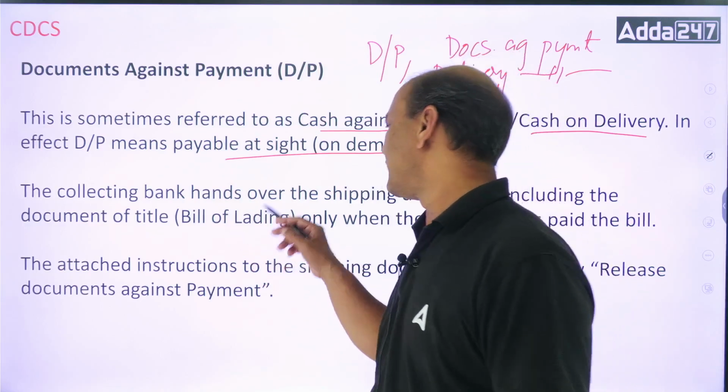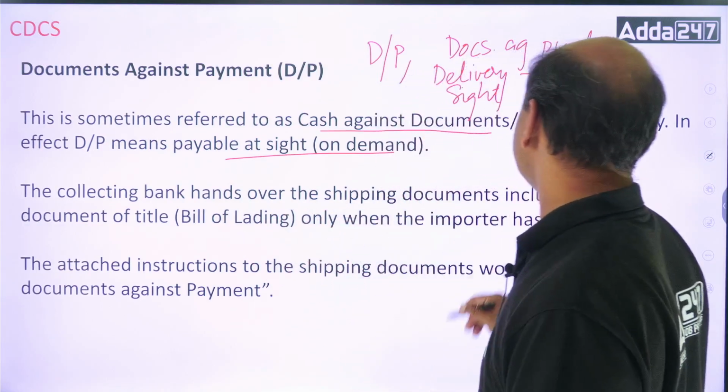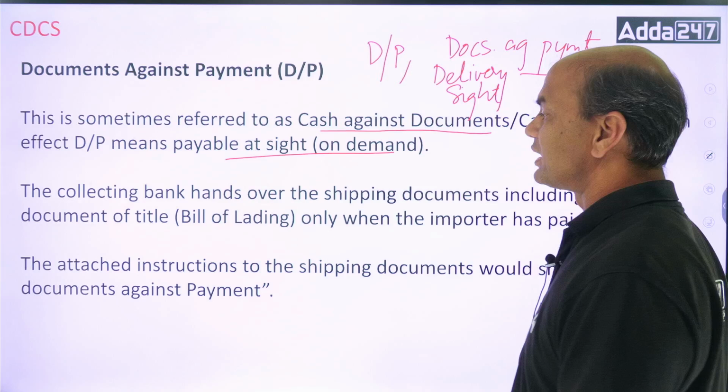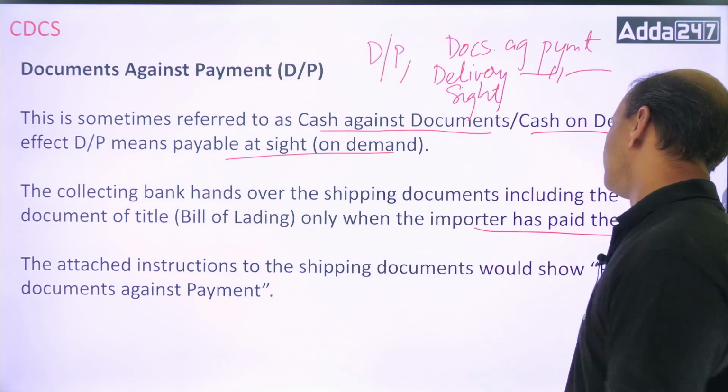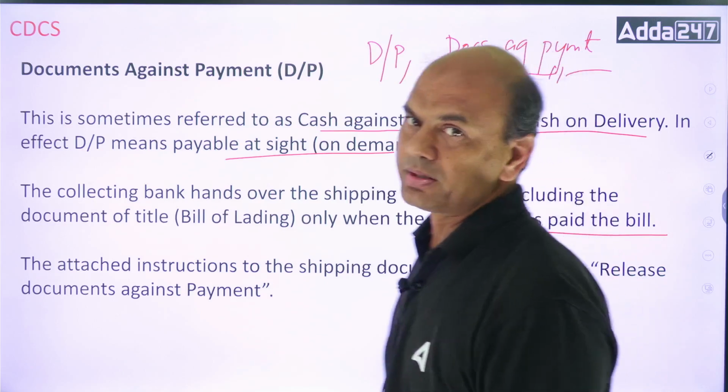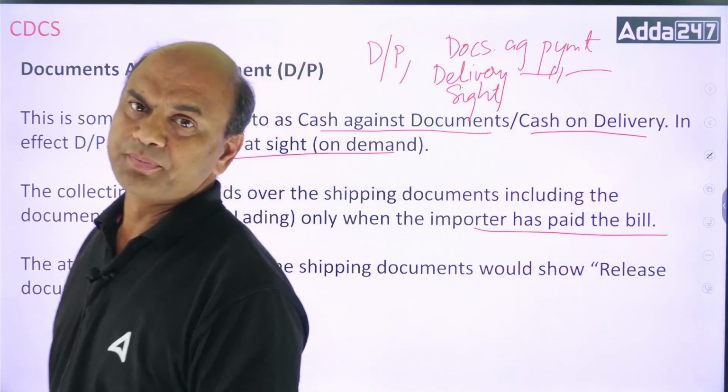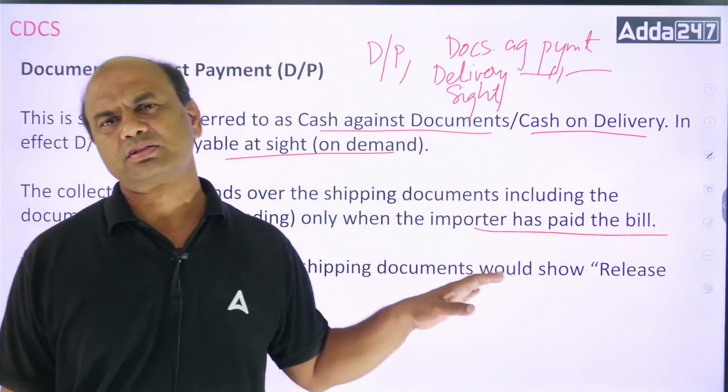The collecting bank hands over the shipping documents, including the documents of title, bill of lading, only when the importer has paid the bill. Very important part. This line is the crux of the whole matter.